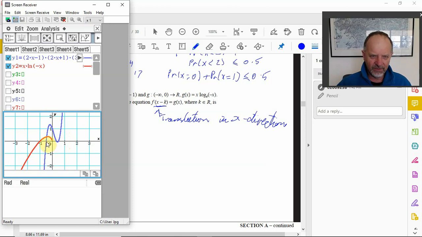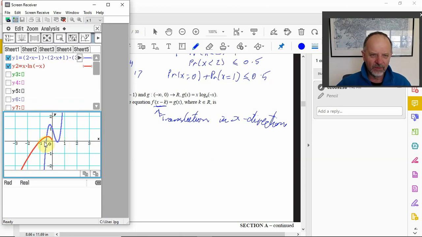What I want to do is bring this turning point into here. So if I do that, and it comes up, 1, 2, 3. So the maximum number that you can get is if you move it to the left, not too far, because if you move it too far to the left, you move this turning point down here, and then it only intersects the once. So you need that turning point to be in here somewhere.